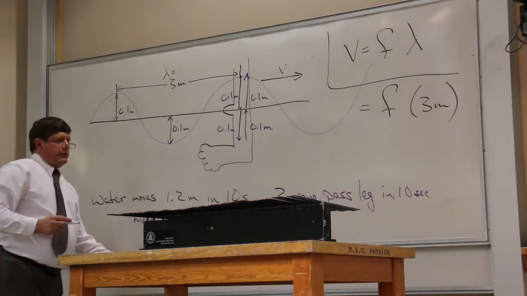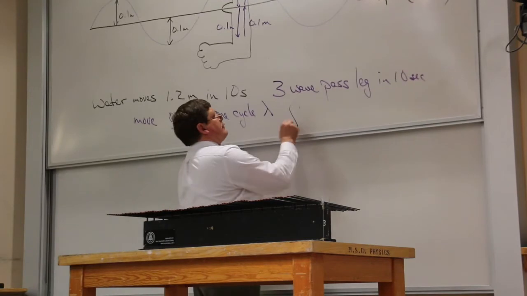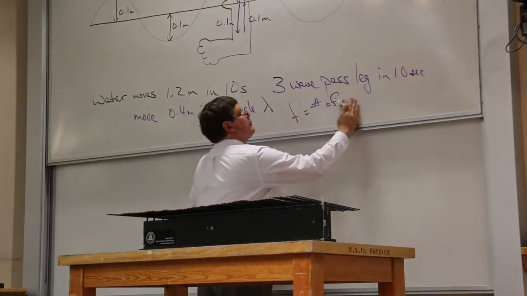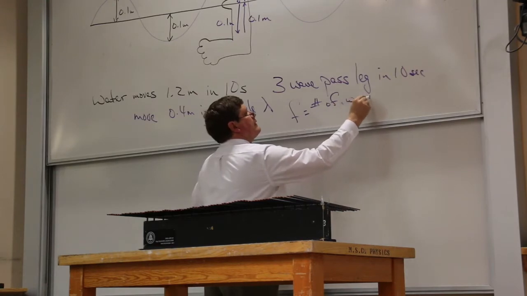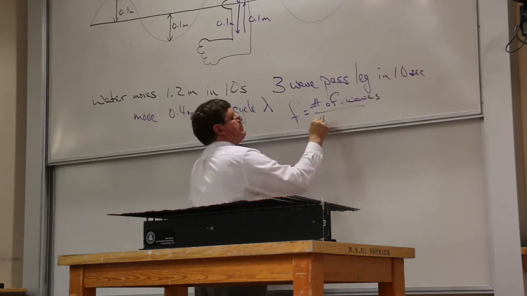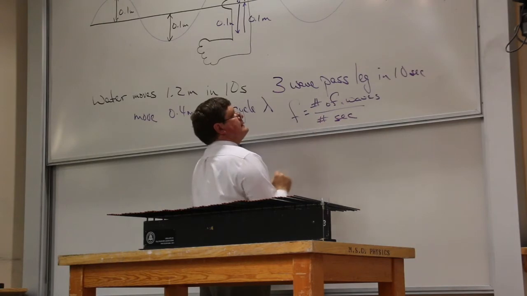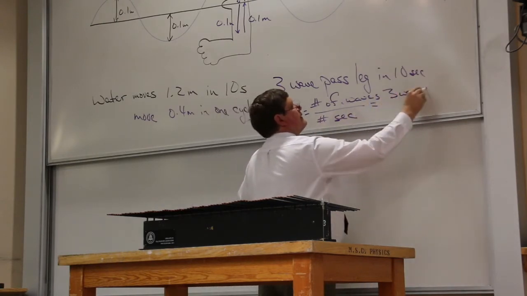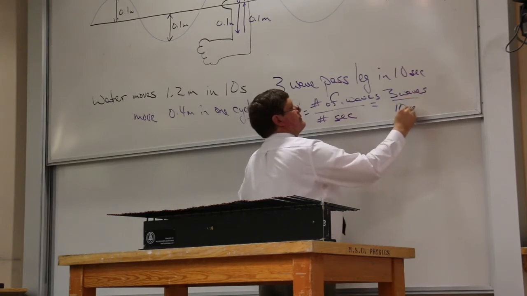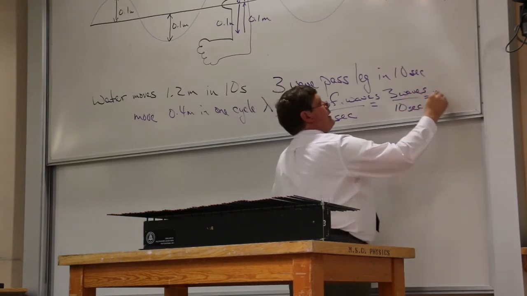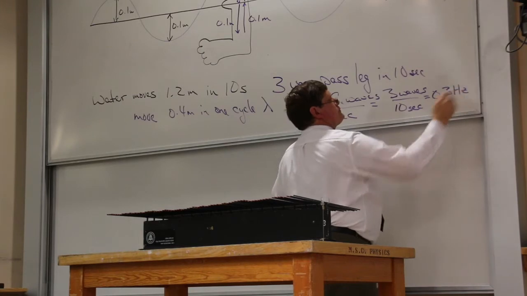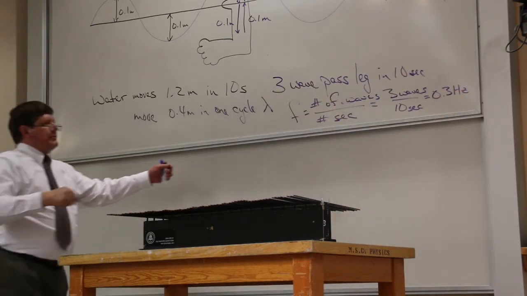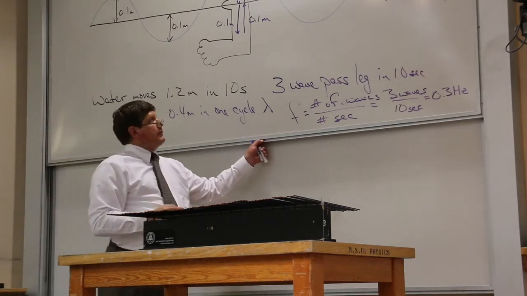What I want is the frequency, where the frequency is the number of cycles, waves, if you will, divided by the number of seconds. Well, that's going to be 3 waves in 10 seconds, or 0.3 hertz, where hertz is cycles per second, or repetitions per second, or waves per second.